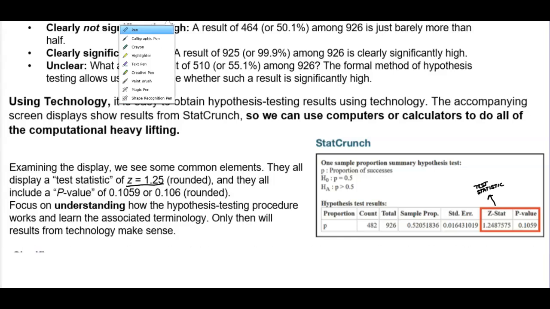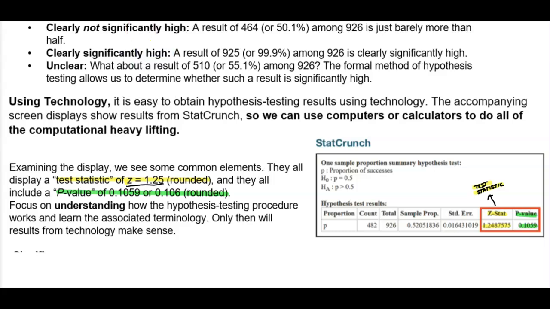So let's go ahead and highlight that. So our test statistic is the z-stat, and if we round that, it is 1.25. So that is the test statistic here, which is rounded. Then we also have what we call the p-value, and that's also rounded. So there is the p-value, and the p-value is the probability of that success.